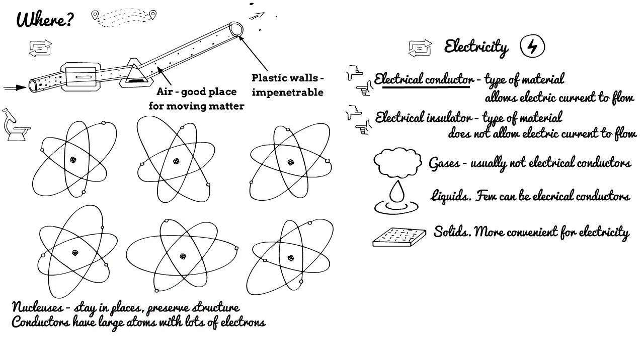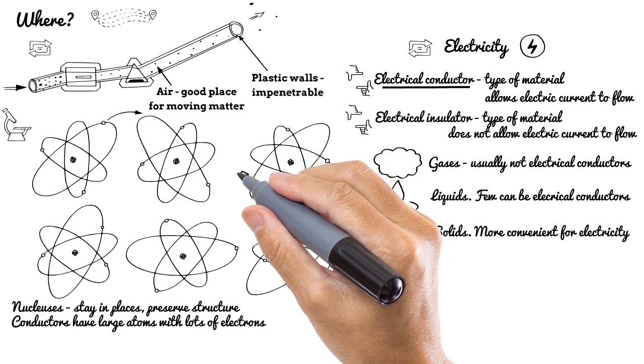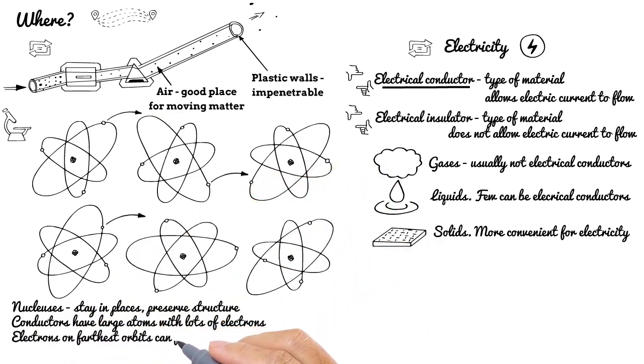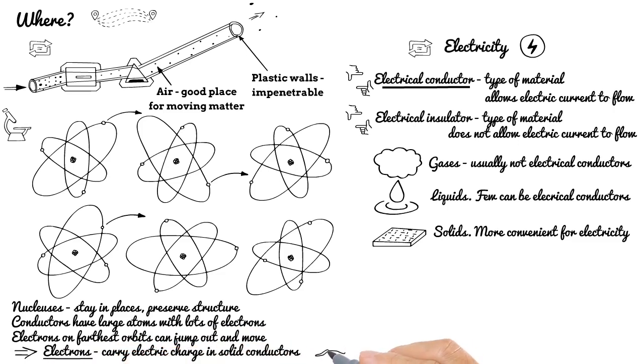And those electrons which move on the farthest orbits of their atoms have weaker attractive forces to their nuclei, because of the relatively high micro distance between each other. Such electrons can jump out from the orbit of their atoms and can move freely. As a result, electrons are the particles which carry electric charge in electrical conductors, in case conductors are solid materials.